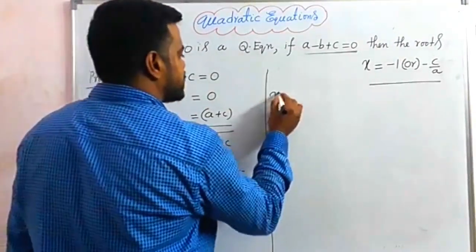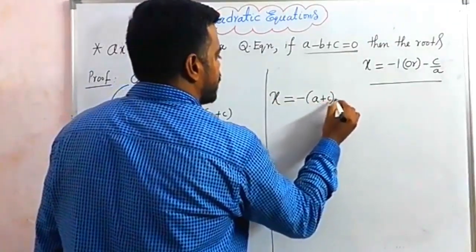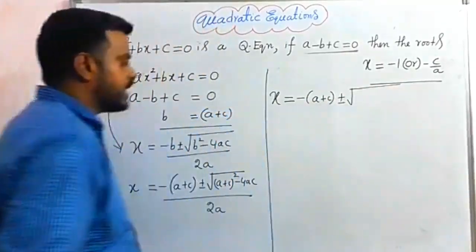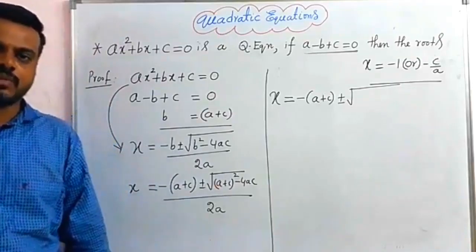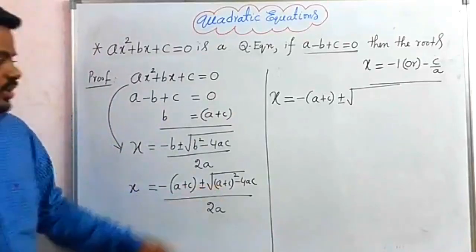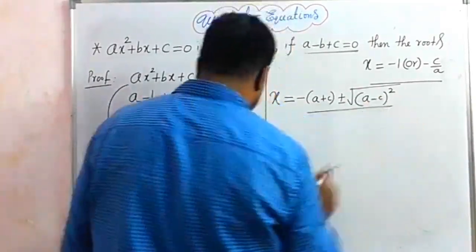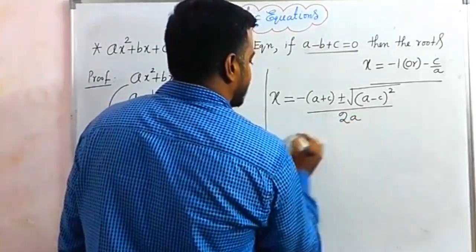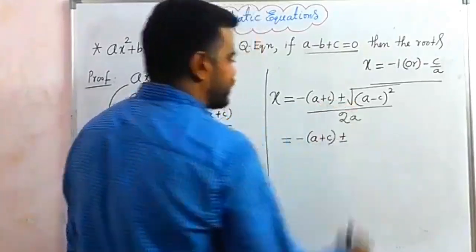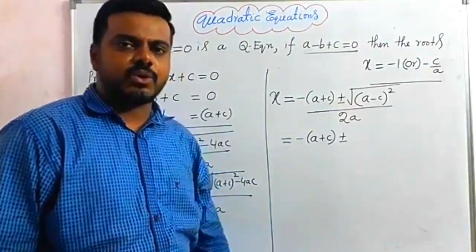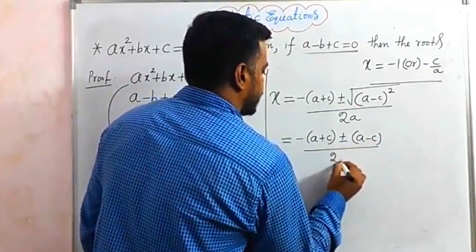Now x is equal to minus of a plus c plus or minus root of, this is in the form of again a plus b whole square minus 4ab, which is equal to a minus b whole square. So here it will be a minus c whole square by 2a. Then this will be minus of a plus c plus or minus root of a minus c whole square, which is equal to a minus c, whole by 2a.